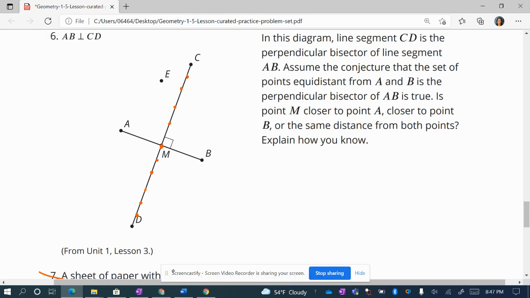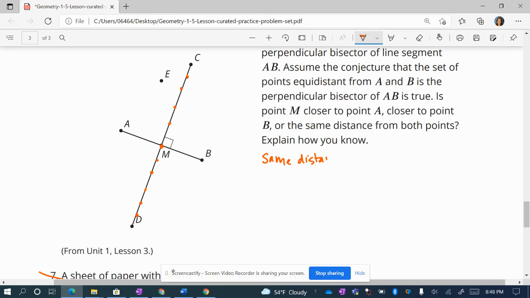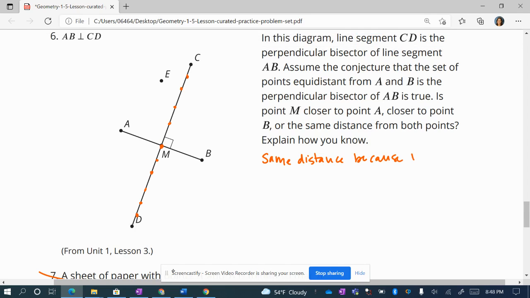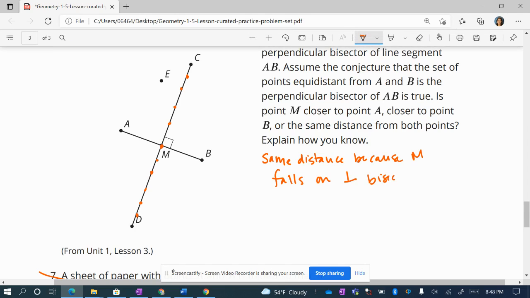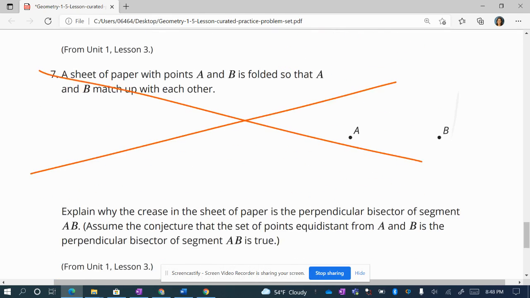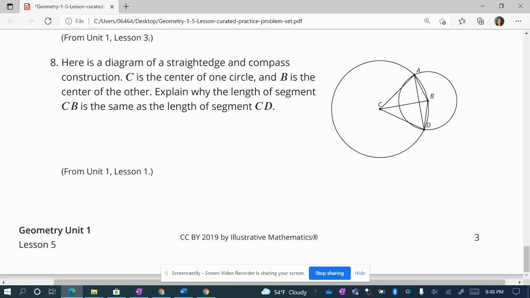M would be equidistant from A and B, the same distance, because M falls on the perpendicular bisector, which is the set of all points equidistant from A and B. Okay. Skip number 7.